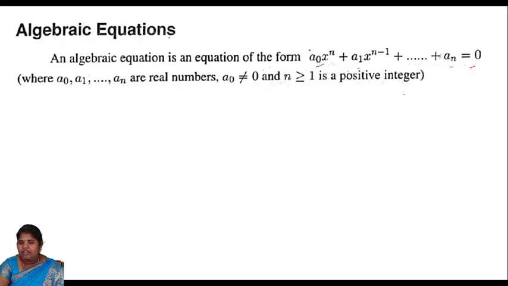If a0 equal to 0, then the power of the equation reduces to n minus 1. So, we are considering an equation of degree n. So, the first term a0 is not equal to 0 and this n should be greater than or equal to 1.